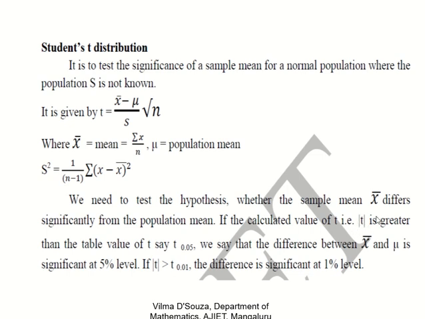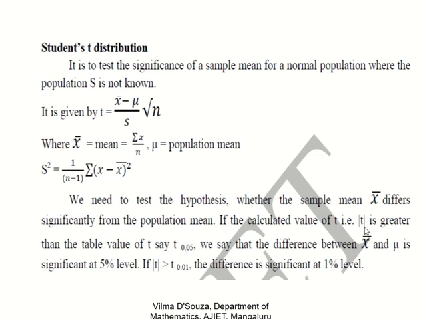If mod t is greater than the table value t of 0.05, we say that the difference between x bar and mu is significant at 5% level. Like the standard normal distribution table, you have a t distribution table. Either you have to refer to the t distribution table to get this value, or this value will be given in the problem most of the time.